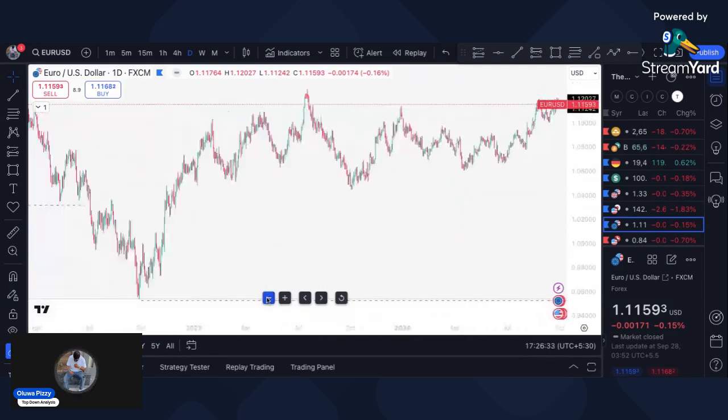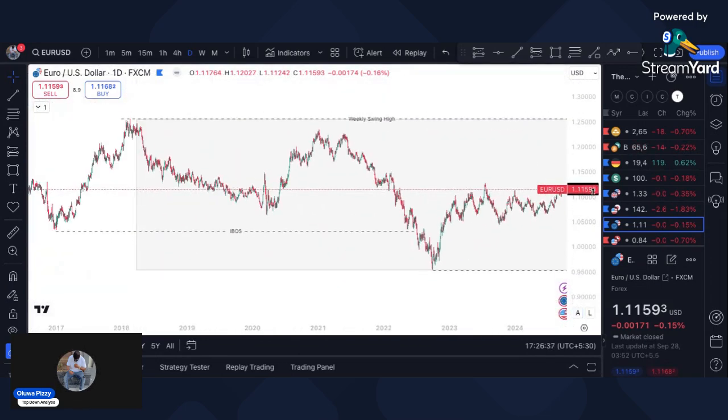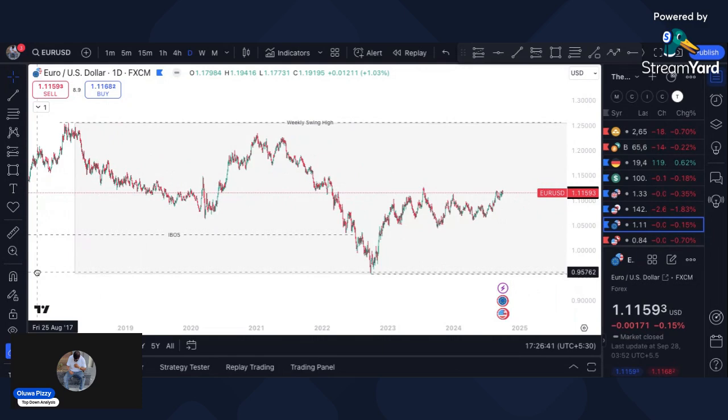You can see the daily time frame is in an uptrend. It's coming up to break this.